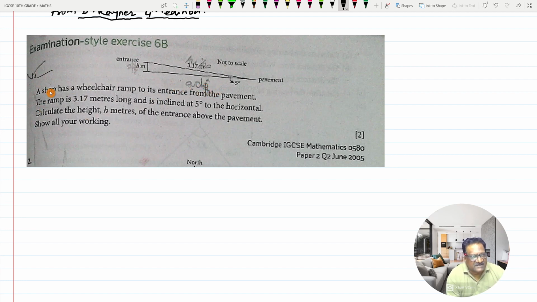The question says that a shop has a wheelchair ramp to its entrance in front of the pavement. So I will try to draw this diagram here itself.